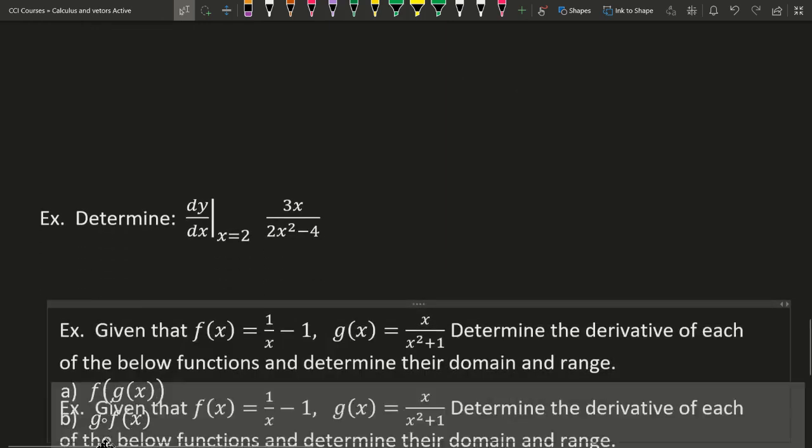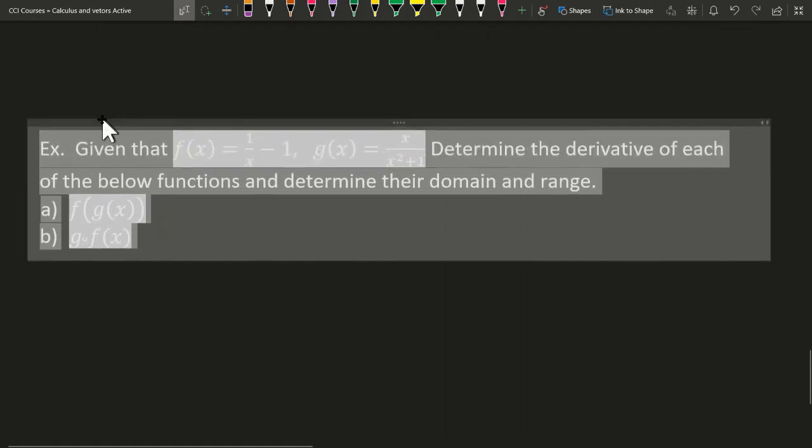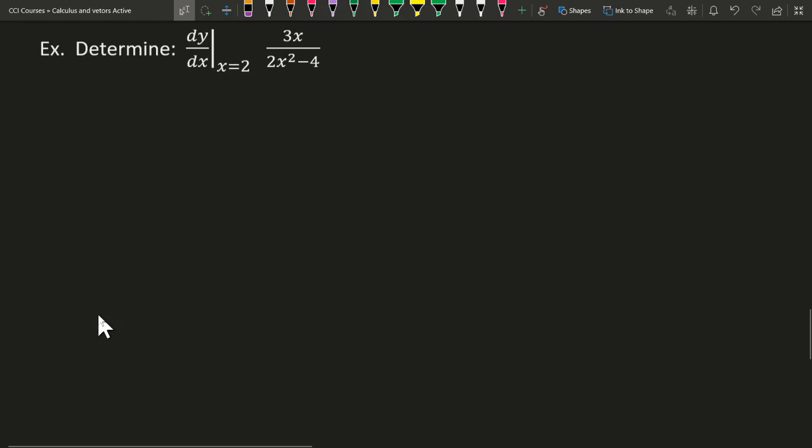Okay, let's do another one here. There we go. I'm going to move this guy down. And here. Okay. So, determine dy dx at x equals 2 of 3x over 2x squared minus 4.